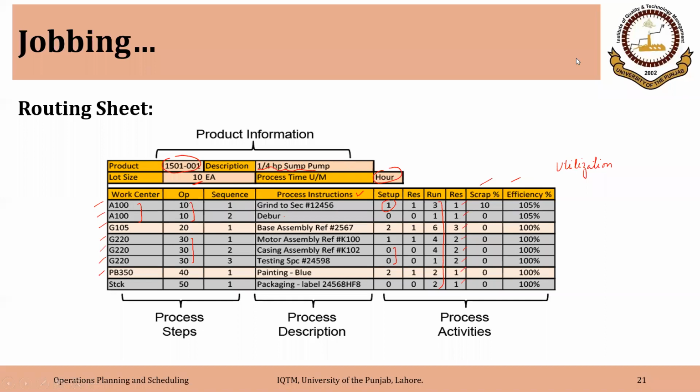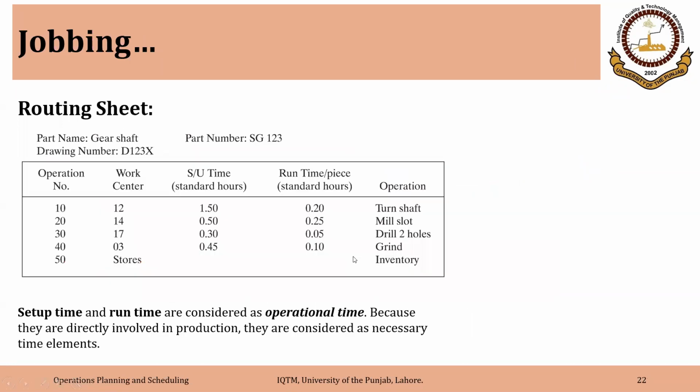So what is actually utilization, what is efficiency, and why do we incorporate the scrap factor? So this is another example, and we will make some small calculations based on this routing sheet as well.